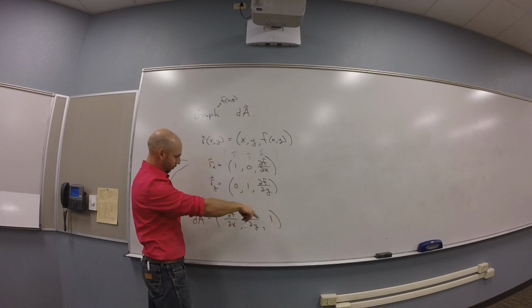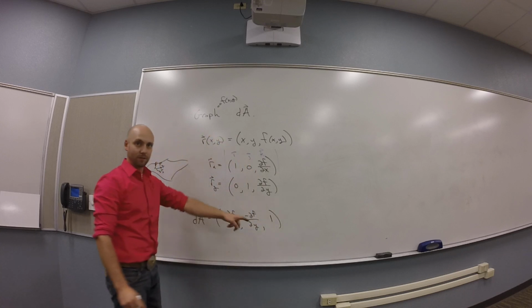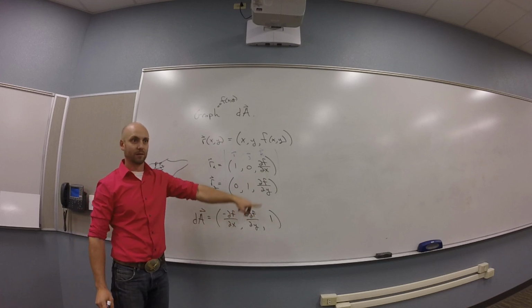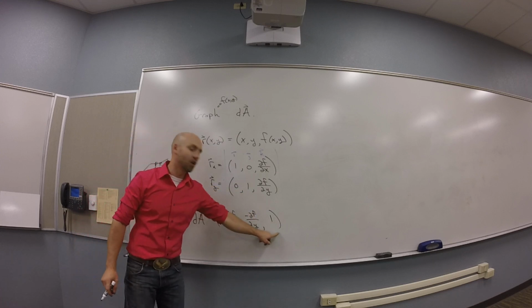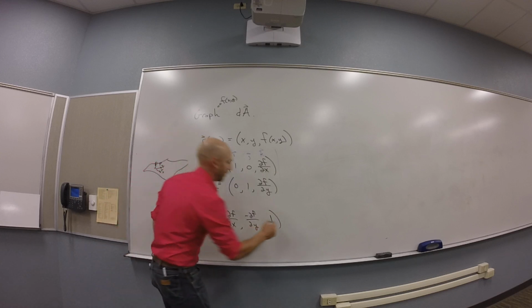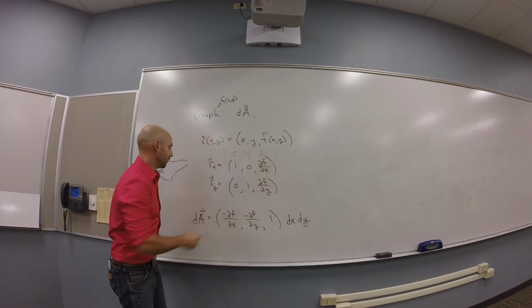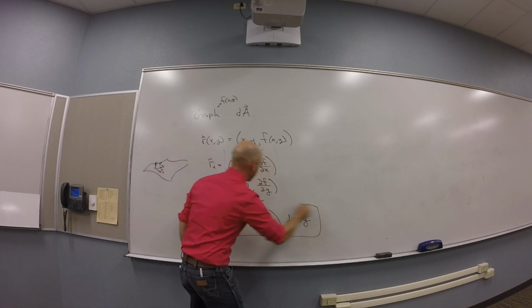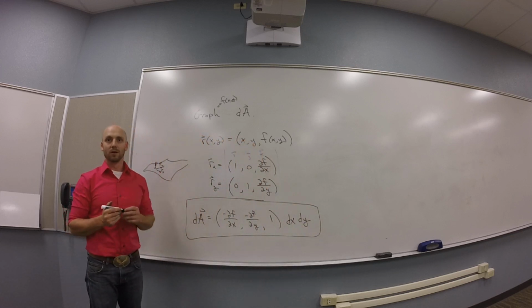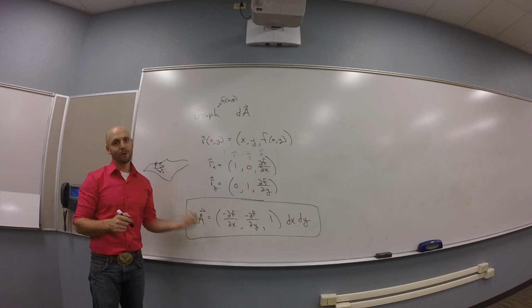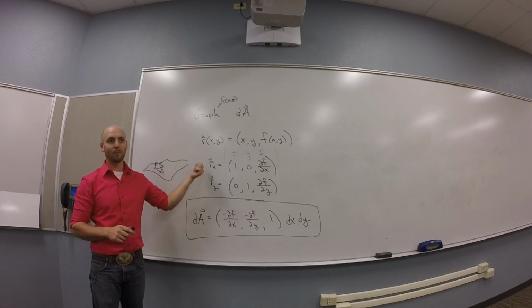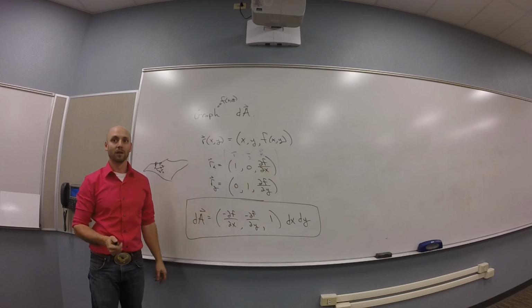And then, what do I need? dArea needs d what? So this is the vector you're dotting with dx, dy, and then you need a dx dy, or a dy dx, right? So you could literally just memorize this thing, and it's up to you whether memorizing this is easier than remembering how to get it, or vice versa.